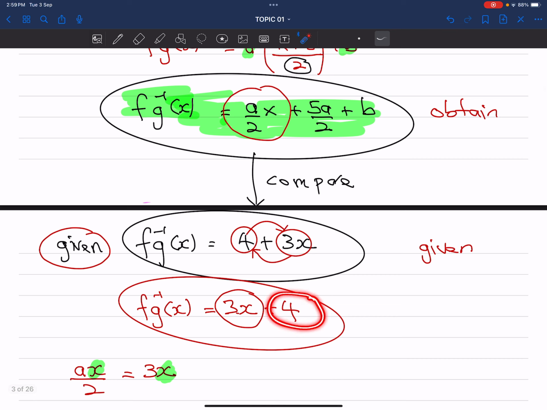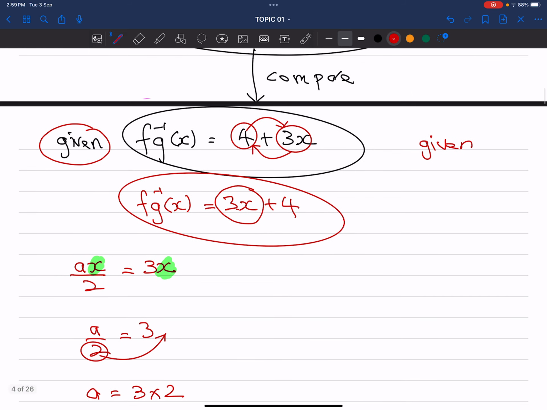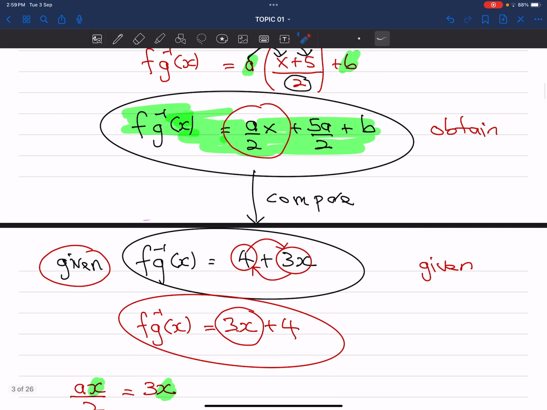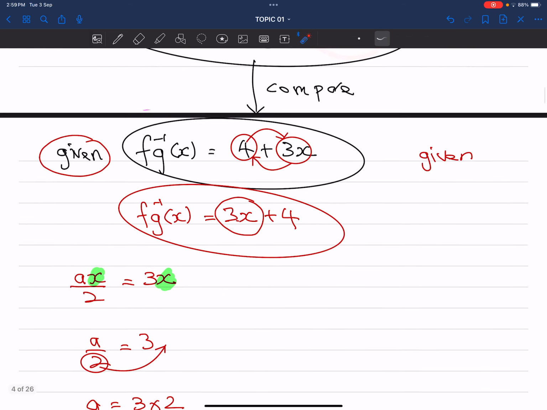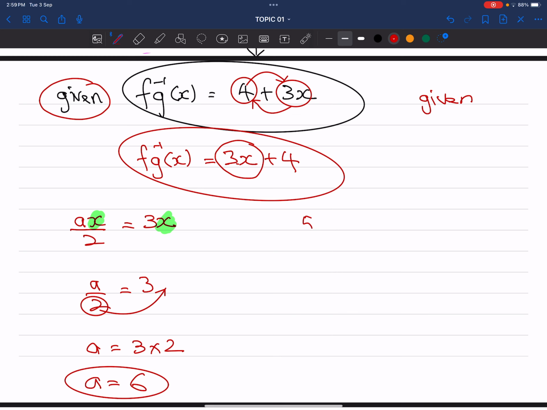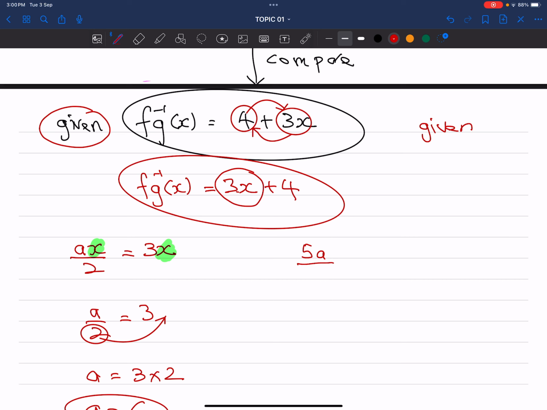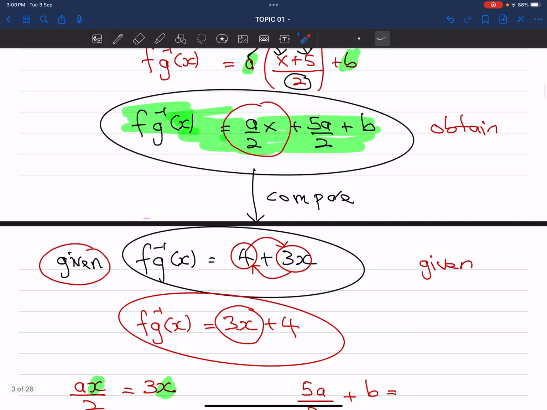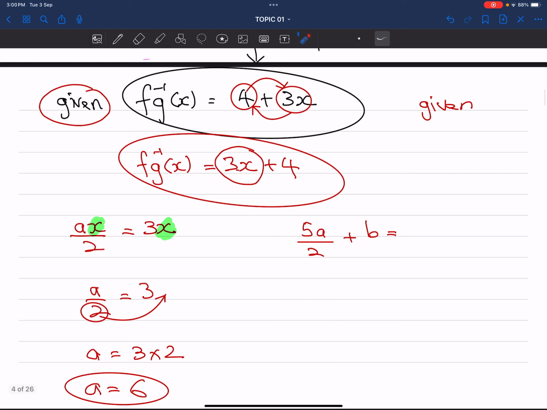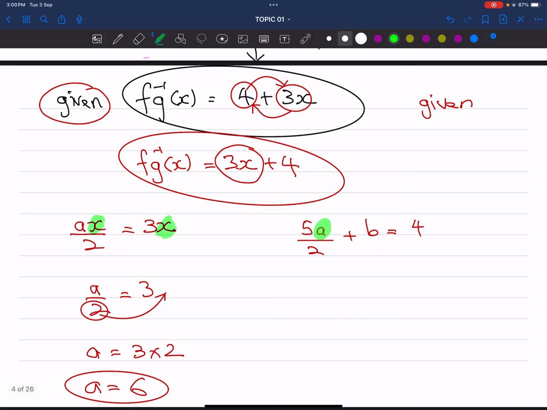The second term, the balance term, must be the same as this balance term. So from the second one, I have 5a over 2 plus b equals 4. And just now, a was already found.